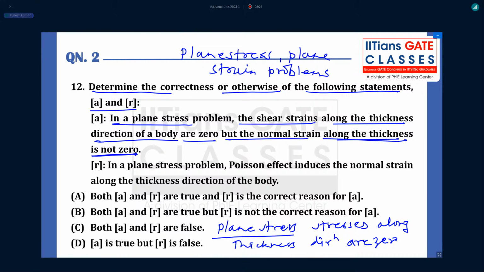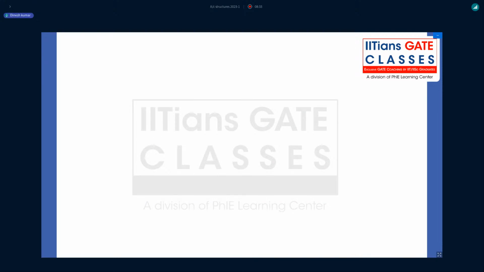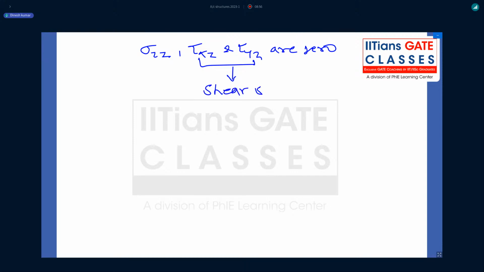If z is my thickness direction, the stresses which are zero are sigma zz, tau xz and tau yz. So from tau xz and tau yz, what do we find, guys? Your shear strains are also zero, right?